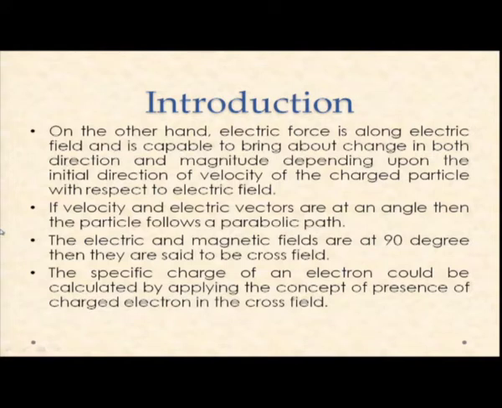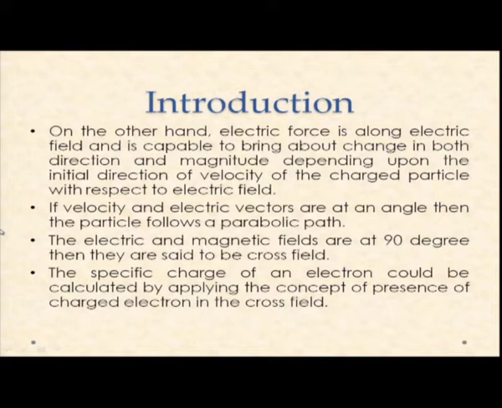If velocity and electric field vectors are at an angle, then the particle follows a parabolic path. If the electric and magnetic fields are at 90 degrees to each other, then these fields are said to be cross fields. The specific charge of an electron could be calculated by applying the concept of charged particles in a cross field, that is perpendicular electric and magnetic field.